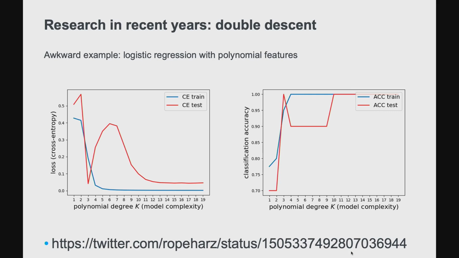Here is something where people used logistic regression, which we will do next, to classify, and looked at model complexity. What you see here is we had some loss function, which we will look at next, and the training loss goes down as it's supposed to. The more powerful your model, the training loss should always go down.